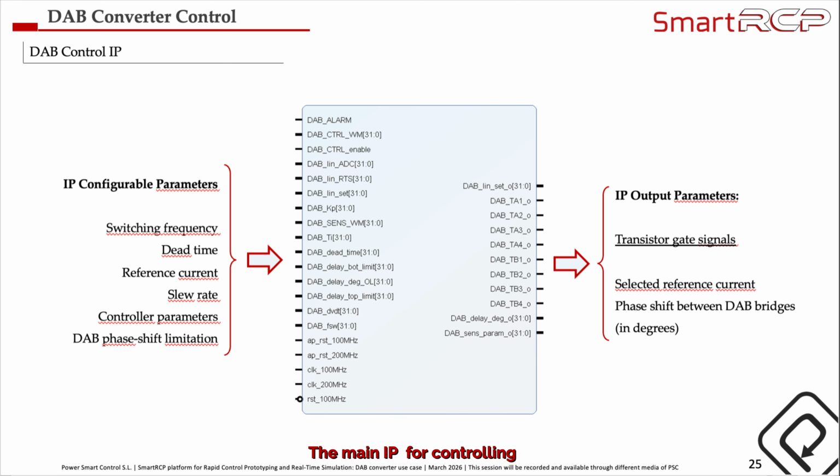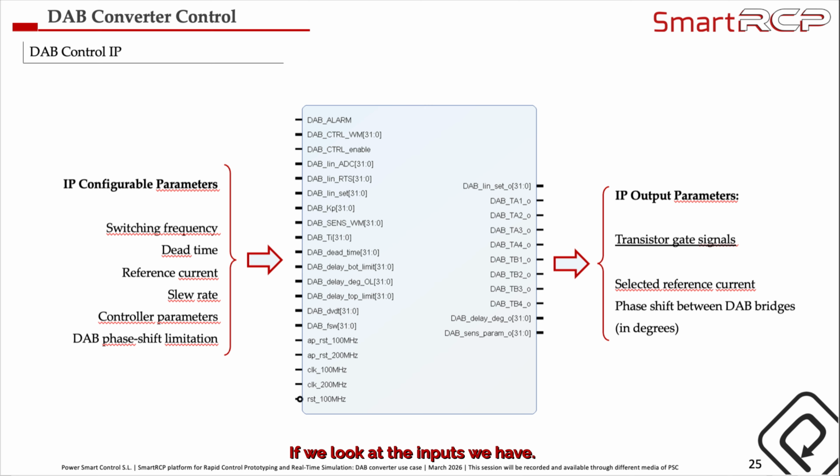The main IP for controlling the dual active bridge is this one, which has several inputs and several outputs. You can see in here the transistor gate signals. All of them are outputs. We also have the delay, in case we want to perform an analysis of this parameter.